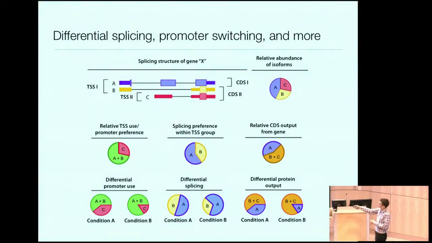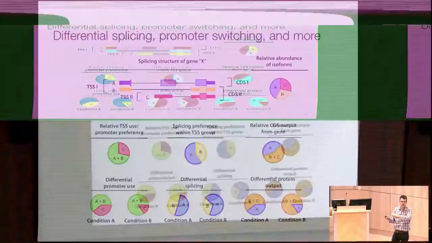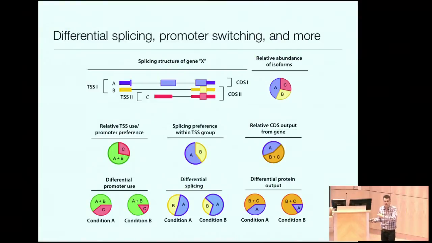If we look not just at their absolute expression levels and changes in those levels, but at the levels relative to one another, we might see, for example, that in condition A, the blue and yellow isoforms are about equal, but in condition B, there's much more of the blue isoform. And that's an example of differential splicing. So by taking biologically meaningful groupings of individual transcripts, we can make some inference about what's going on at a post-transcriptional or a transcriptional level.